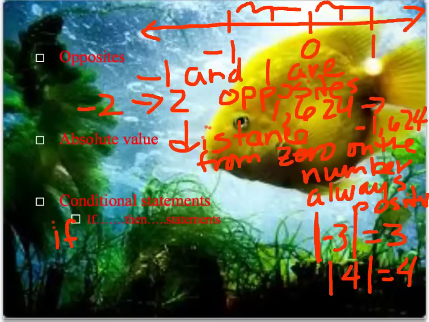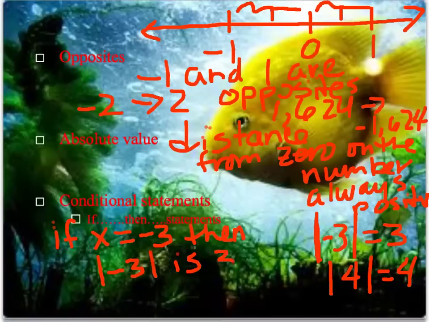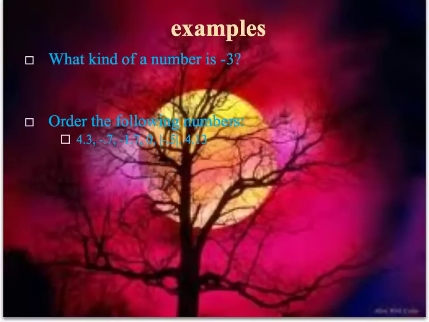So an example, let's see here, if x equals -3, then the absolute value of -3 is 3. So that's just a brief discussion of conditional statements.